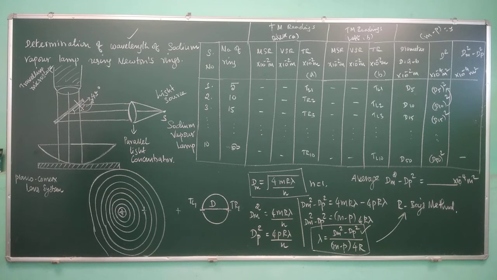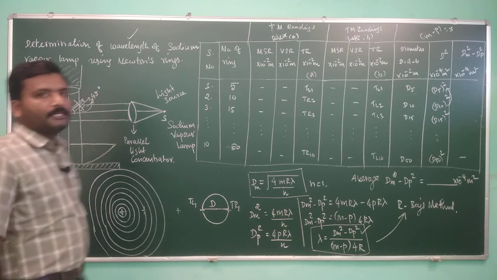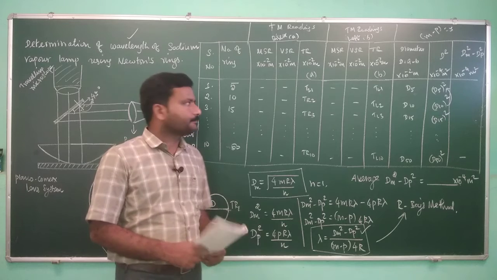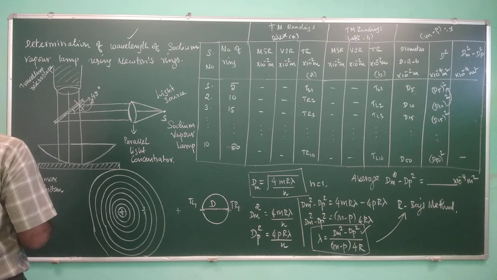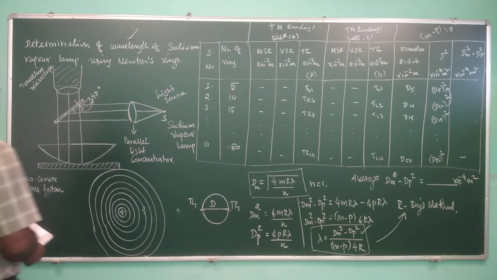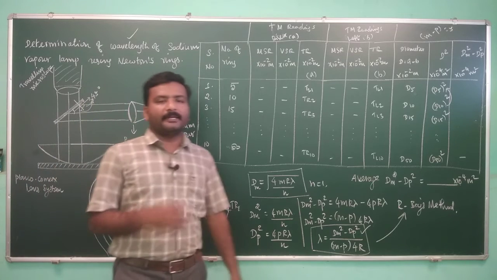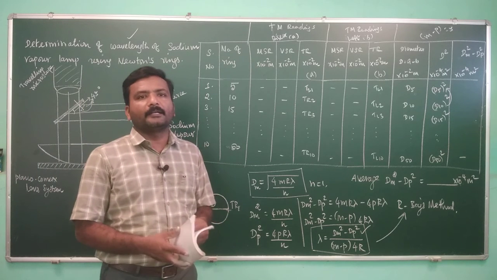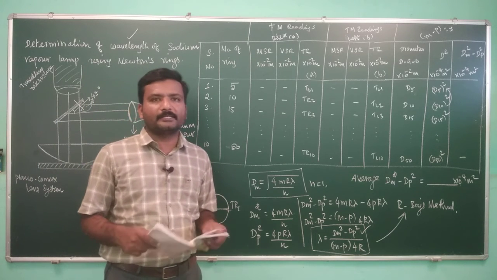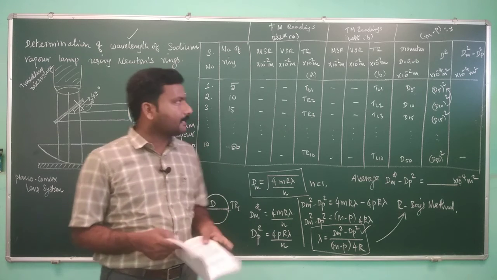So this is the method of determination of wavelength of sodium vapor lamp using Newton's rings. And next, we are going to discuss another topic, Jamin's interferometer, which is used to calculate the refractive index of a gas material.